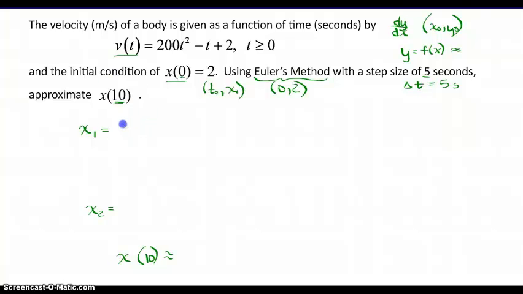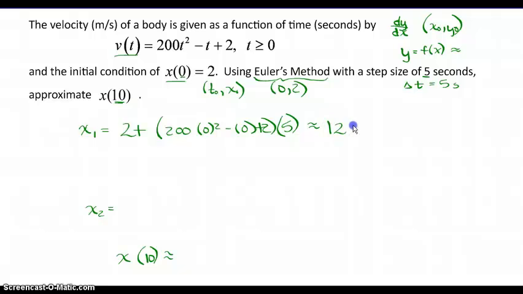So I need the previous y output plus the slope through the previous point. And at the previous point, t is 0, times a change in t. And so this approximates to, that is 2 times 5 is 10 plus 2 is 12.